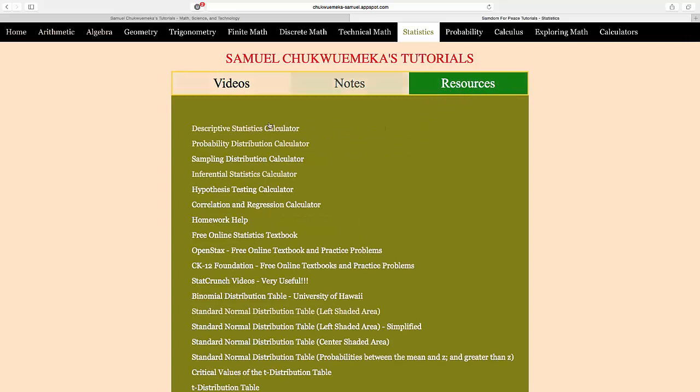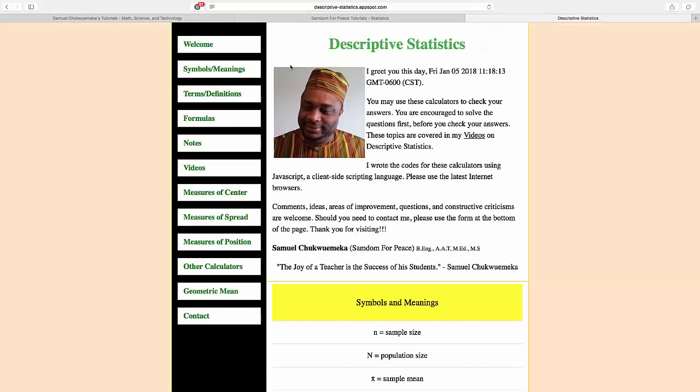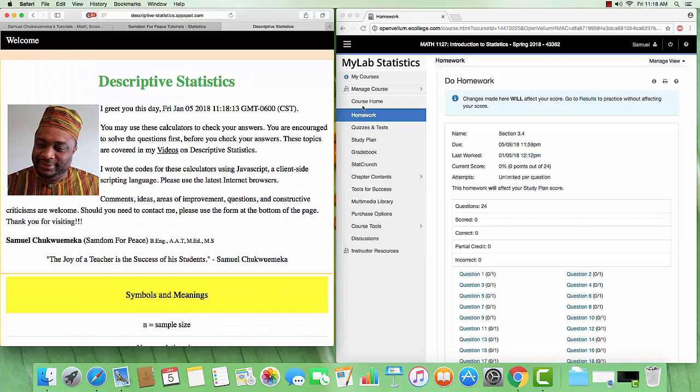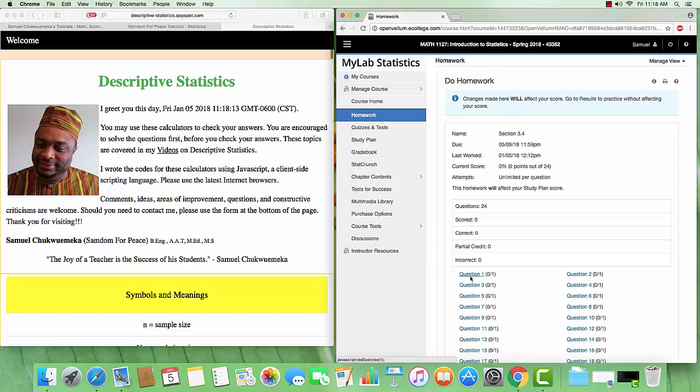But you click on resources, and we are going to use Descriptive Statistics Calculator, and then Statcrunch. I'm going to minimize this so it could be on the same window. So let's begin. Question 1.